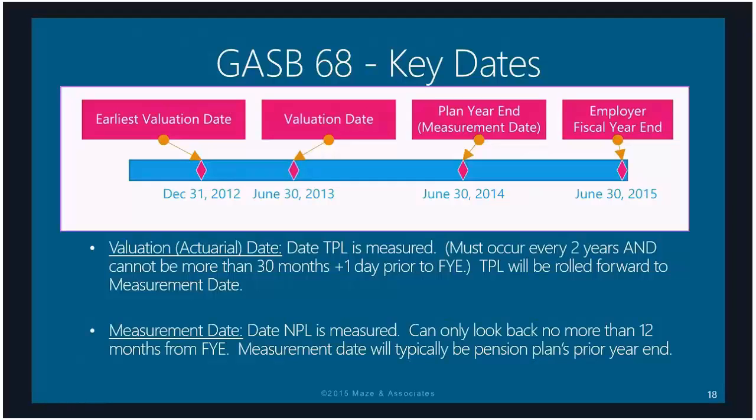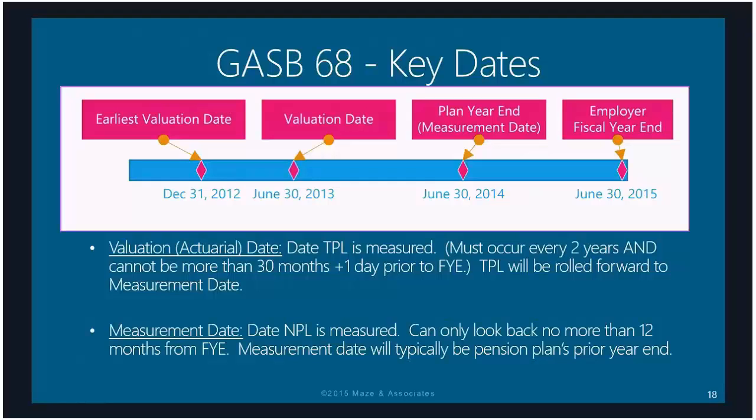The valuation date can be, like I said, 30 months and 1 day, but the actuaries will roll the data forward to June 30, 2014 in our example, because 68 stipulates the measurement date cannot be more than 12 months from the fiscal year end date. So it's really important that you understand your measurement date, specifically because, as you can tell, it's 1 year behind the fiscal year end date.